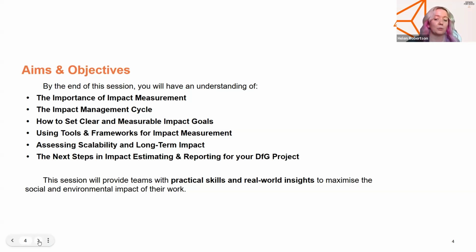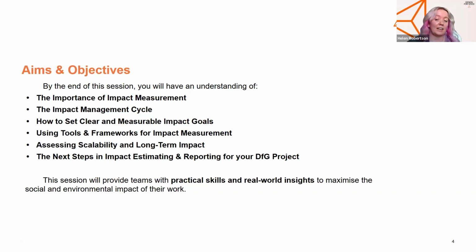A key focus will be on measuring impact through lives improved, helping you assess the real world difference your project makes, and a key counter of impact across all our DFG projects. We'll also touch on scalability and long-term impact, considering sustained behavior change, ecosystem impact, and ripple effects.